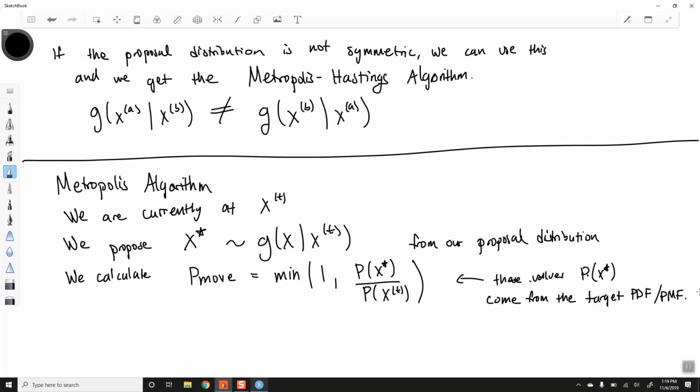Whatever your target distribution is determines these values. Then generate a random U to decide whether you will move or not.